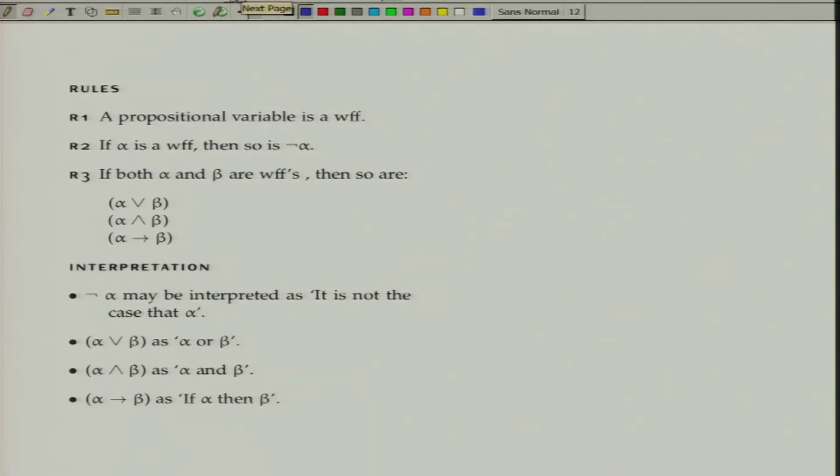Once again, like any formal system, we require rules for this. So the first rule, R1, is a propositional variable is a WFF. WFF meaning well-formed formula. So once again, we understand that our propositional variables are P or Q or R and stuff like that.